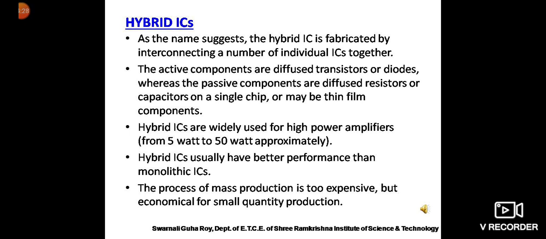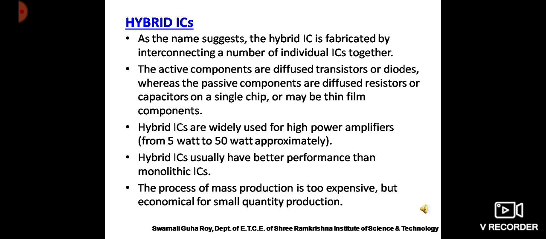Hybrid ICs. This is another type of commercially available ICs. As I've already told you in the classification slide, as the name hybrid suggests, this type of IC is fabricated by interconnecting or joining a number of individual ICs of monolithic type together.